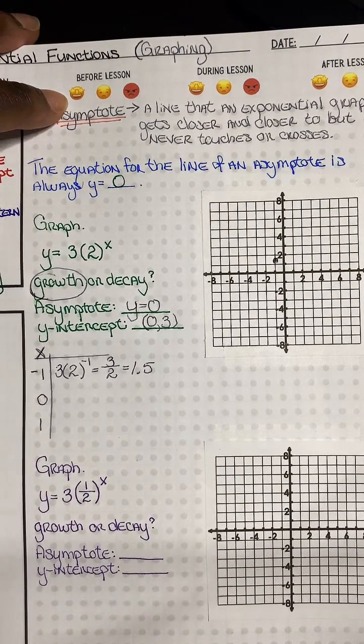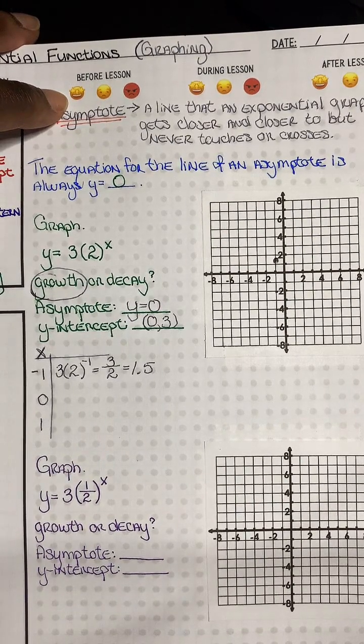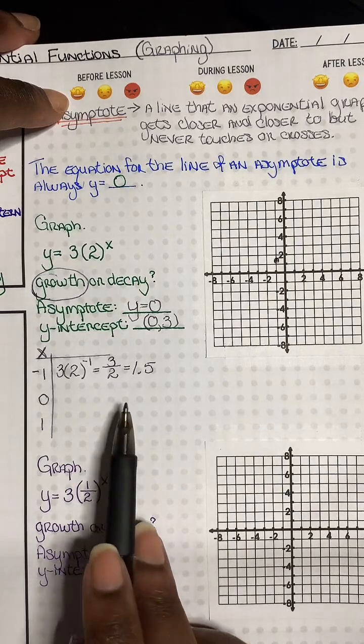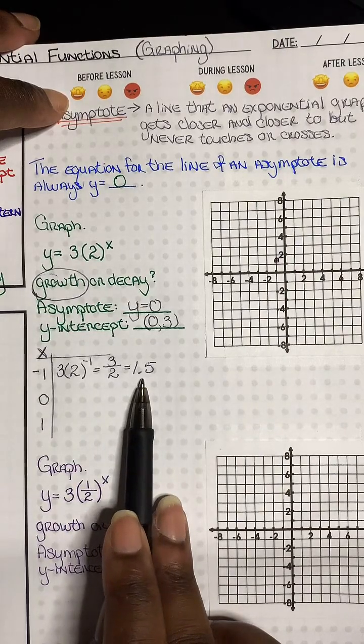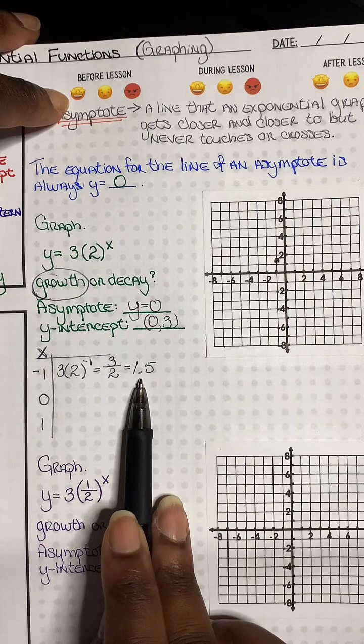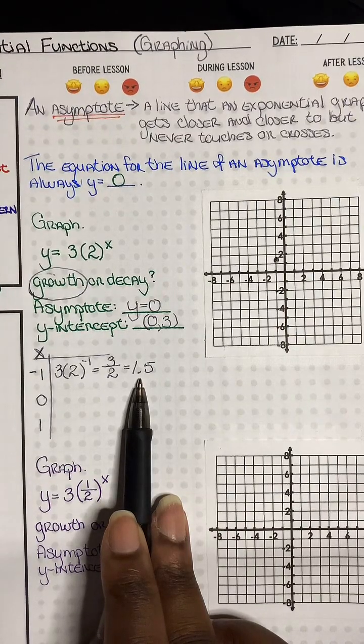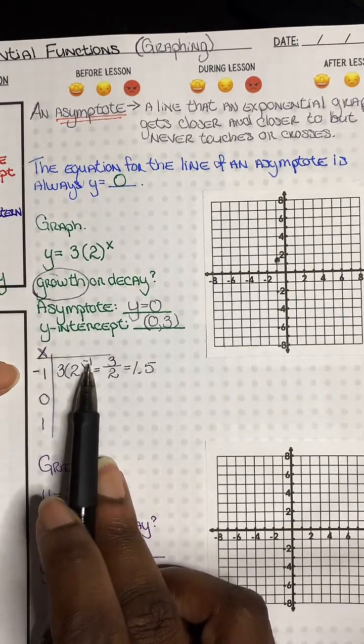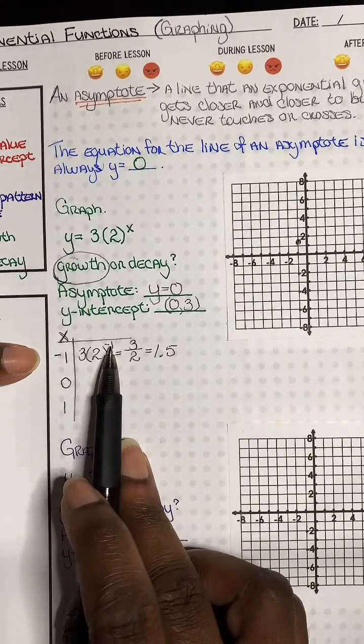I'm seeing some questions. Let's see. Why is the answer a positive 1.5 and not a negative 1.5? Is that what you're asking, beautifully defined? Okay. So what happened is this -1, that's an exponent.